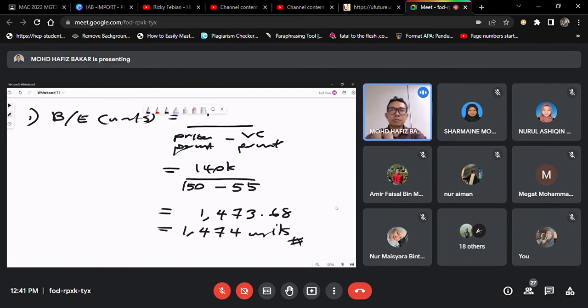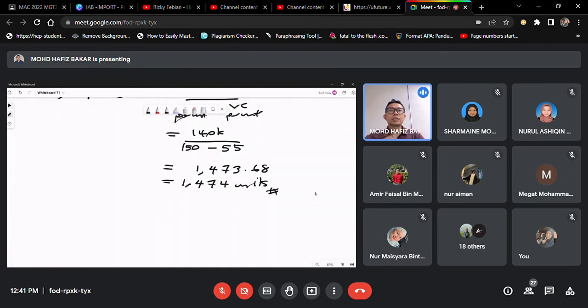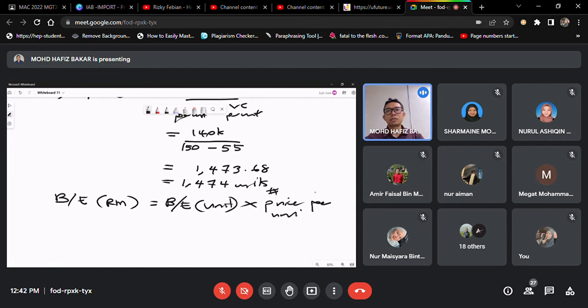1474 units. Next one, break-even point in Ringgit Malaysia or sales. The break-even point you got earlier in units, you multiply by the price per unit.